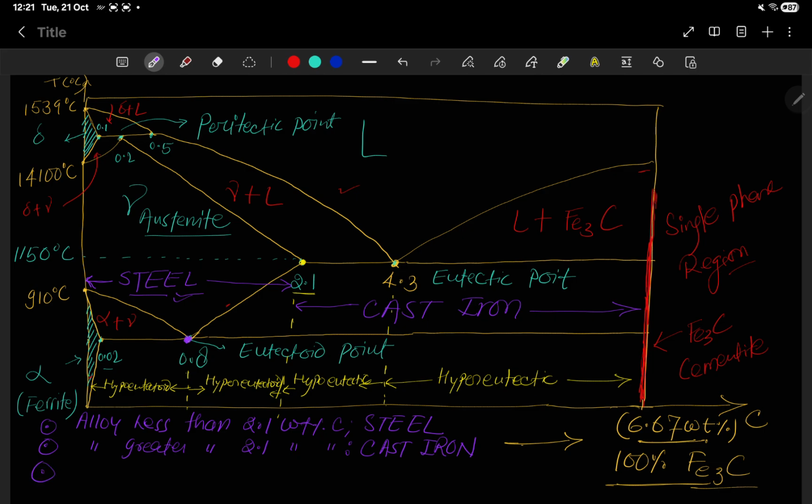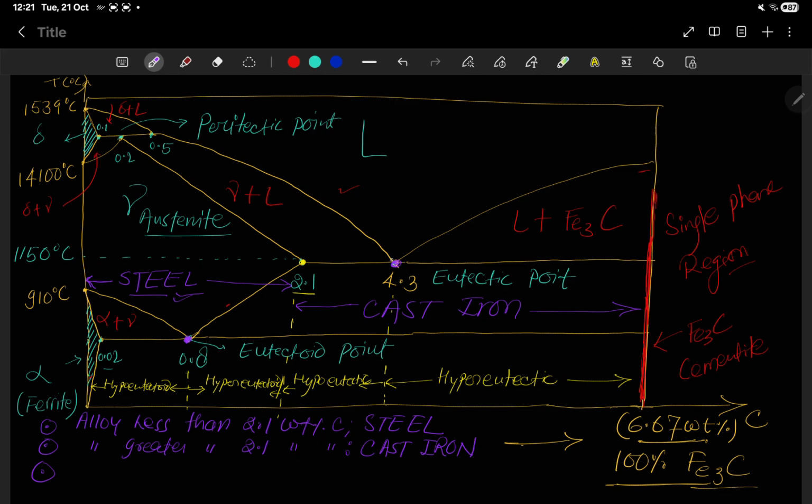If the carbon concentration in the alloy is greater than 2.1 weight percentage, in this region we will get the eutectic point, and we have already discussed the meaning of eutectic point. It means easy melting.